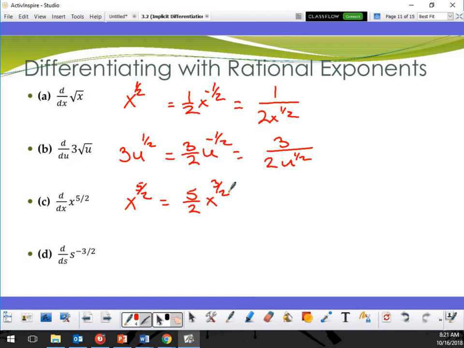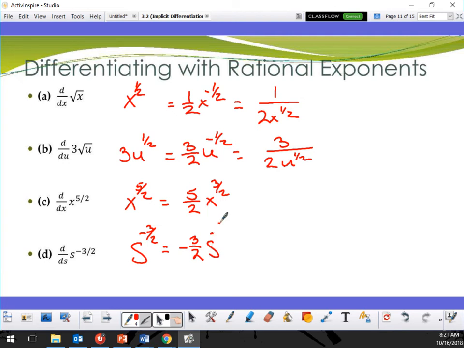Okay, so how about this bad boy here? So s to the negative 3 over 2 goes out front, right? So I get a negative 3 over 2 s to the negative 5 over 2.